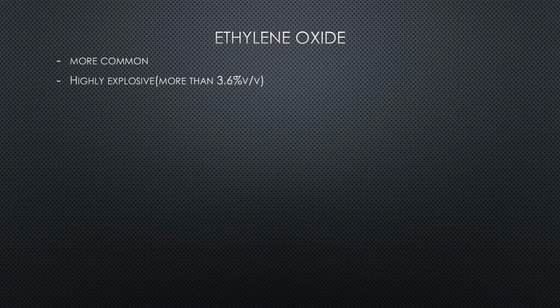To reduce the explosion risk, it is usually supplied for sterilization as a 10% mixture with CO2 or 8.6% with tetrahydrofuran. Pure ethylene oxide gas can also be used at below atmospheric pressure in the sterilizer chamber from which all air has been removed.